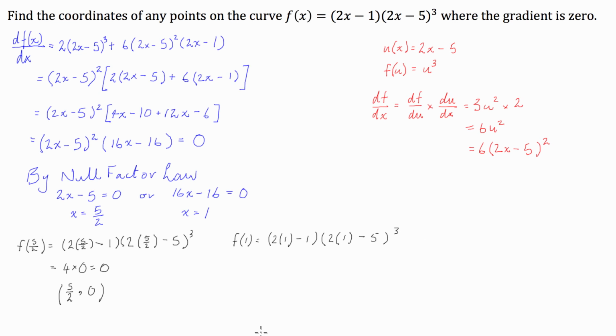Great. So here this is going to be equal to 2 times 1 is 2, minus 1 is just 1. 2 times 1 is 2, subtract 5 is negative 3, and negative 3 all cubed is negative 27.